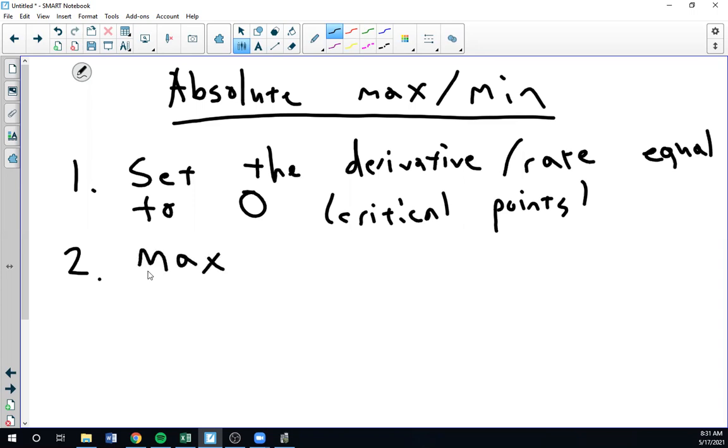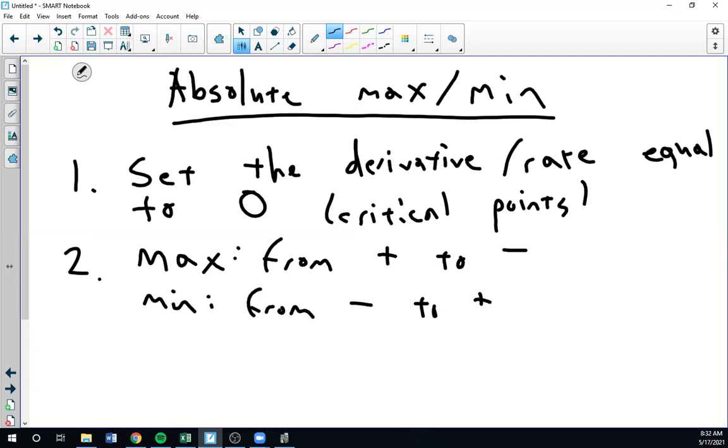Next, know that your max should go from positive to negative, and a minimum should go from negative to positive. You'll see that pattern, that sometimes I start with that sentence.